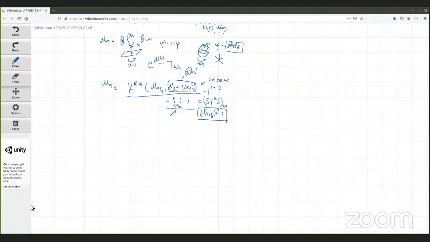If you have a baby quantum group, you have not one, but actually many vertex operator algebras, conformal field theories, which correspond to the same quantum group.